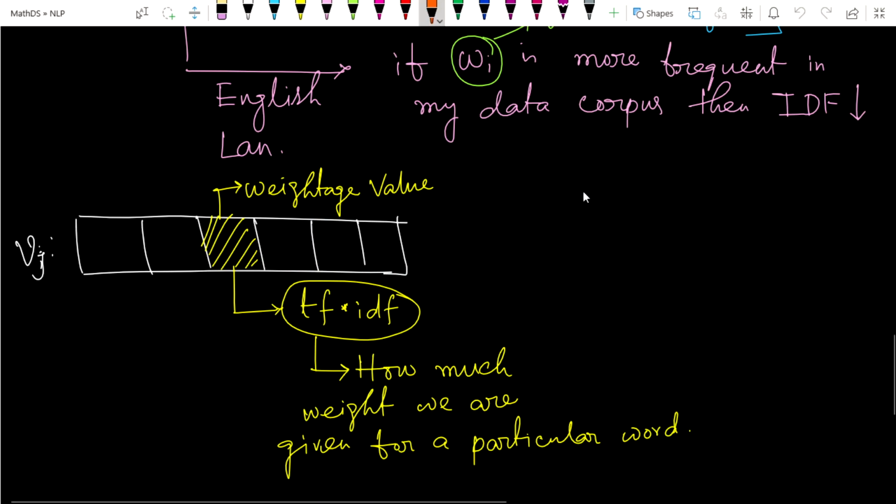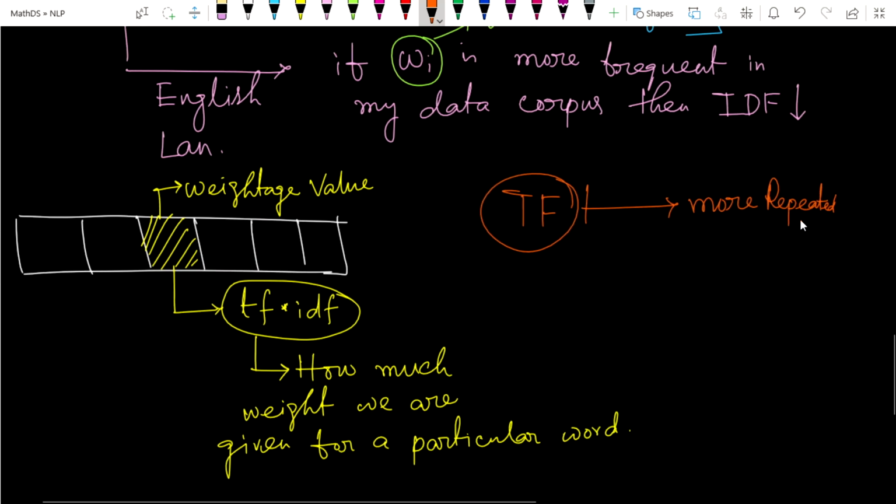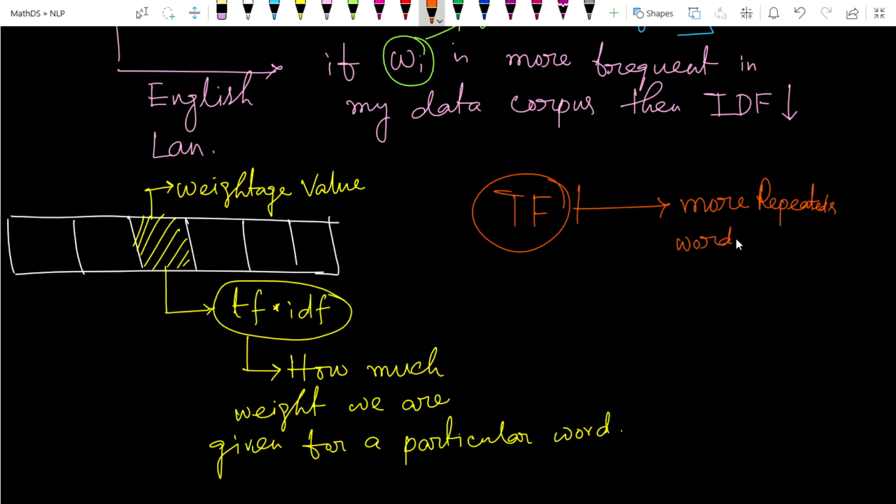So just write this down as the conclusion: TF gives the weightage to more repeated words in a single document.